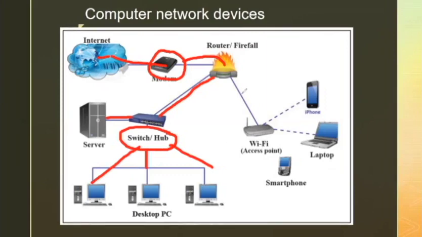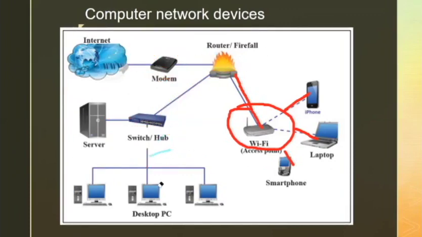If you are using unguided media to transmit data to other devices like a smartphone, your laptop, or whatever portable device, you have to use the Wi-Fi access point. We call that wireless fidelity. It can transmit data to iPhones, laptops, or smartphones. So these are the computer network devices we have to learn, and we have to go one by one.